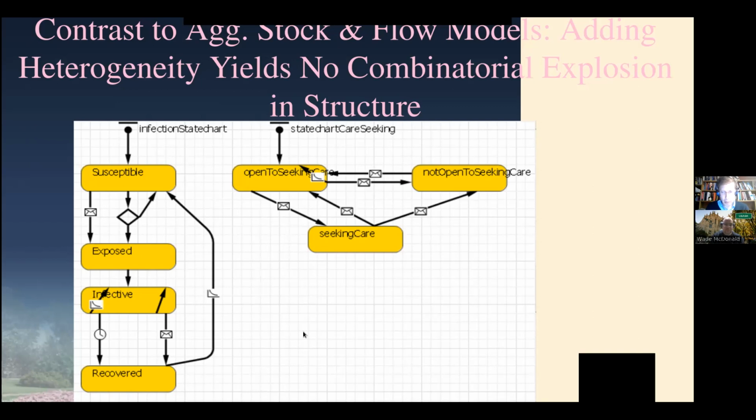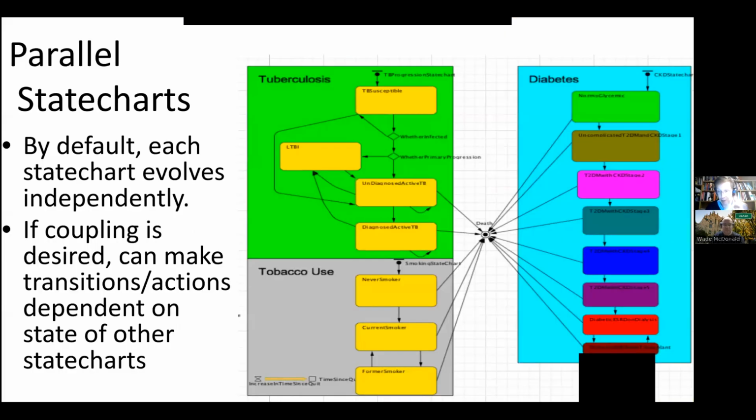And we can represent this: a person is in a particular state for infection and a particular state for care seeking, without needing to deal with a combinatorial explosion of possibilities, as we are dealt by the curse of dimensionality with an aggregate model, where stratifying leads to a profusion of different combinations, where the number of those combinations rises geometrically with the number of dimensions.